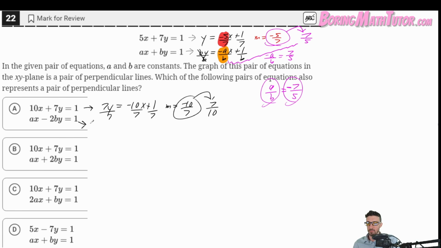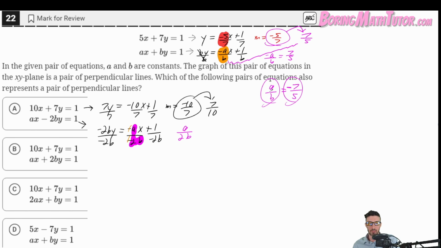Okay, but if I solve this one for y, I would have negative 2by equals negative ax plus 1. I divide everything by negative 2b. And I find out that I can cancel out these negatives and that the slope is a over 2b. Okay, a over 2b.